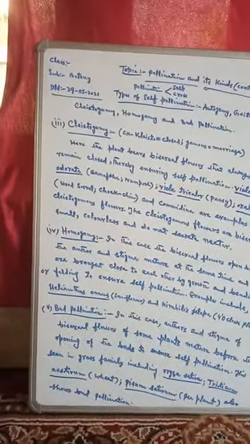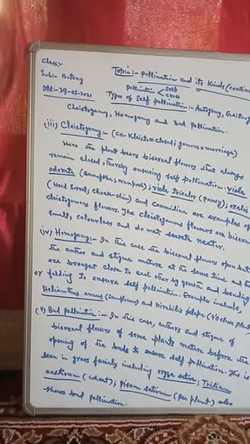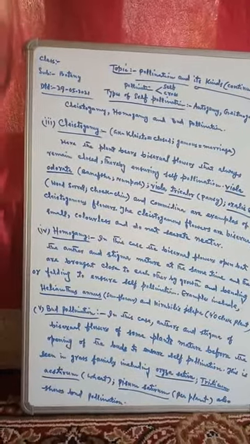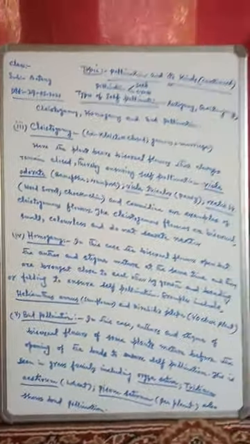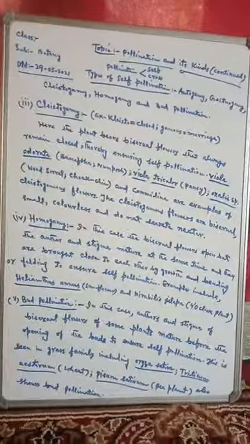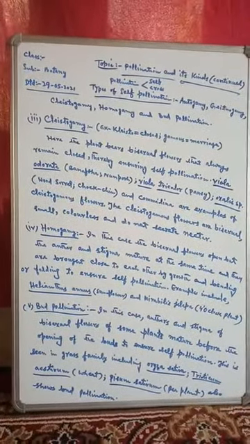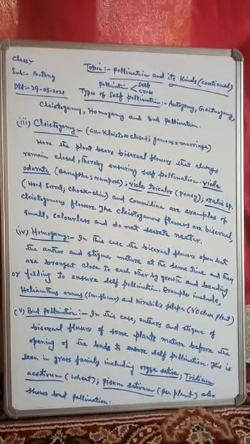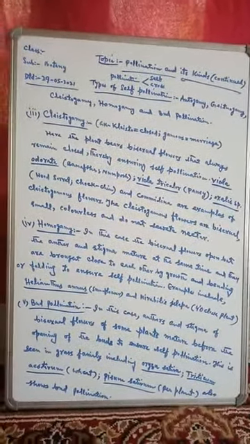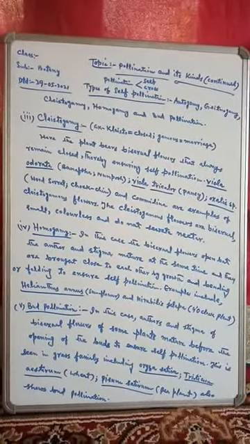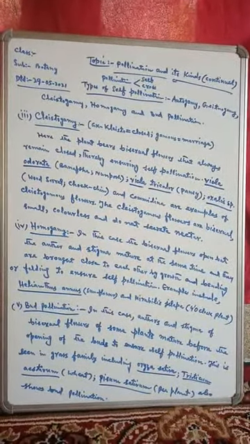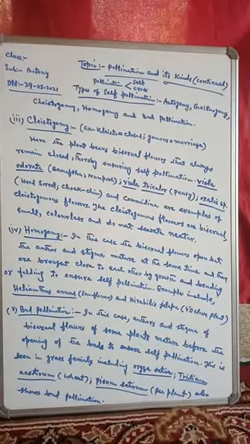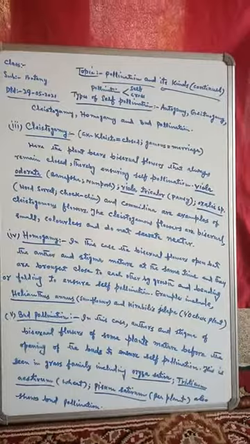We have seen what pollination is and what its types are, and we have defined the term pollination. There are two main types of pollination. One is called self-pollination, while the other is called cross-pollination. And we have defined self-pollination.